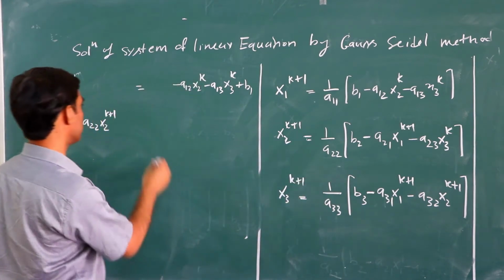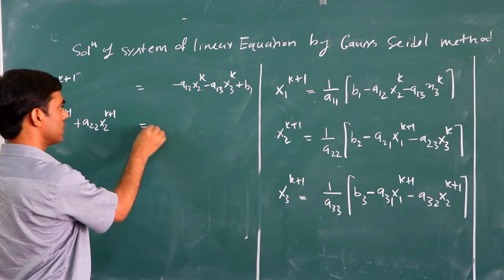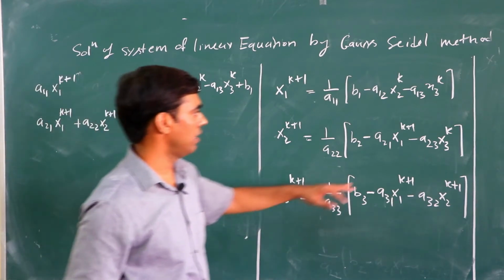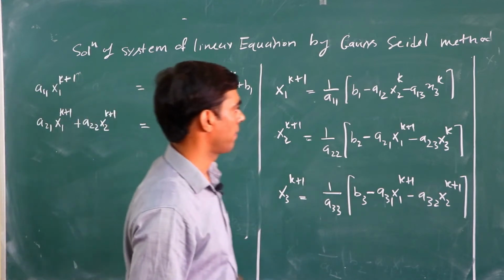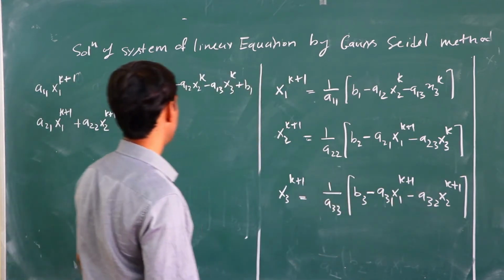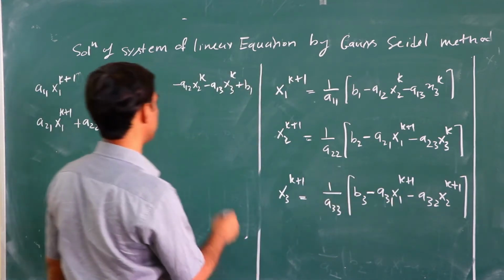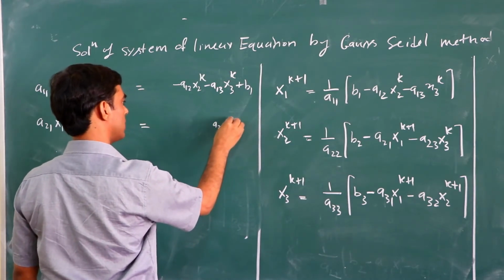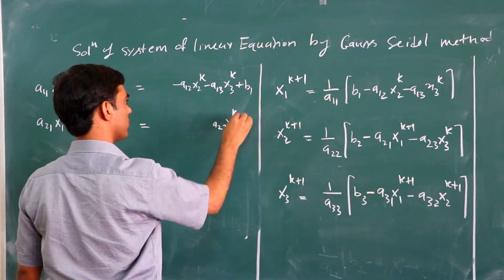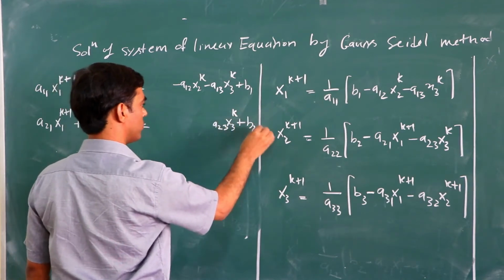Other terms go to the right hand side; there is one term of k, and that term is a23 x3 to the power k plus v2.